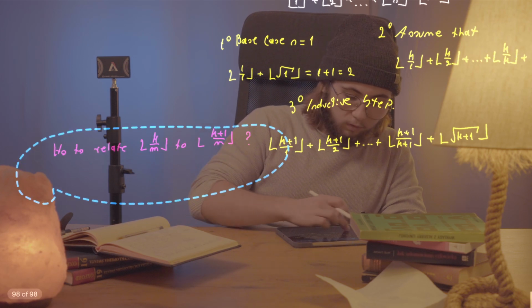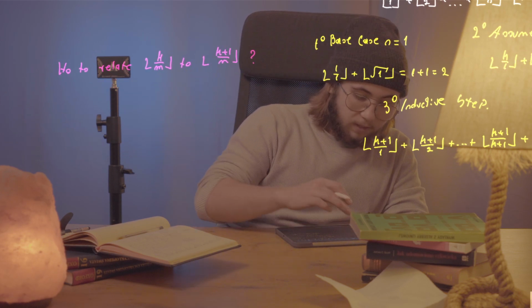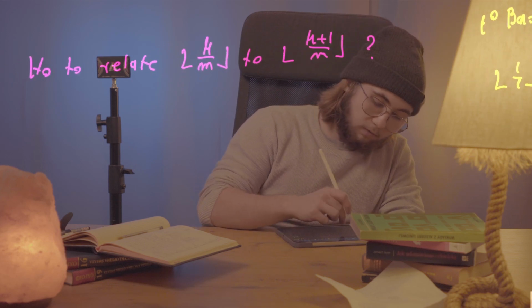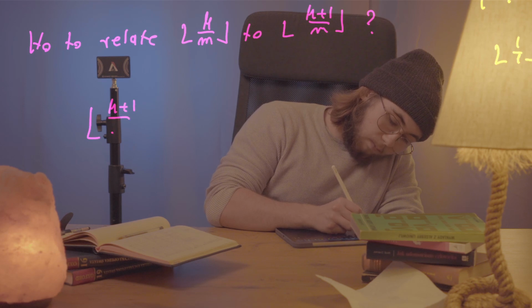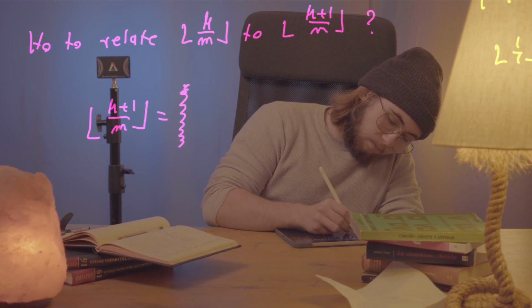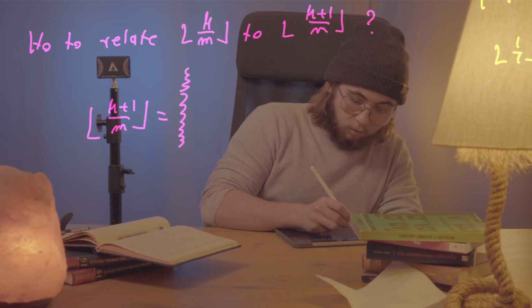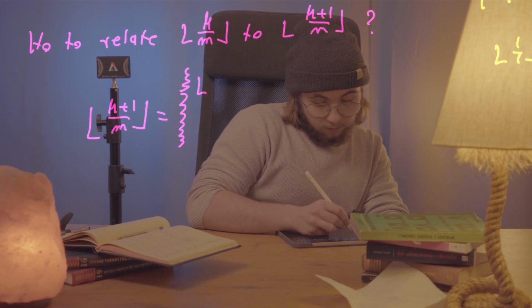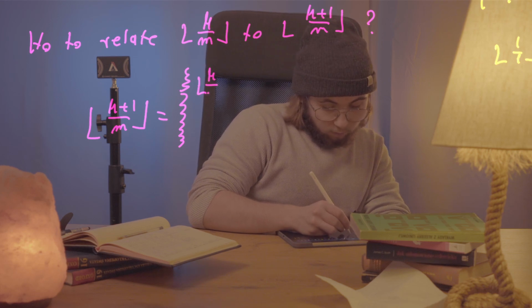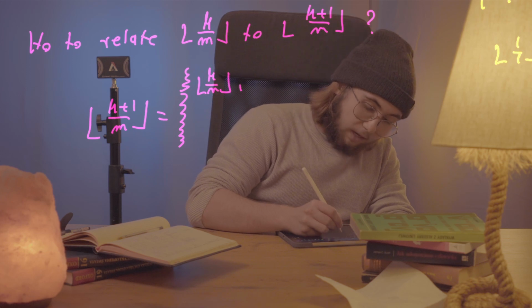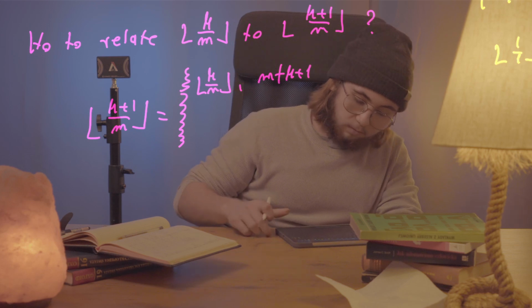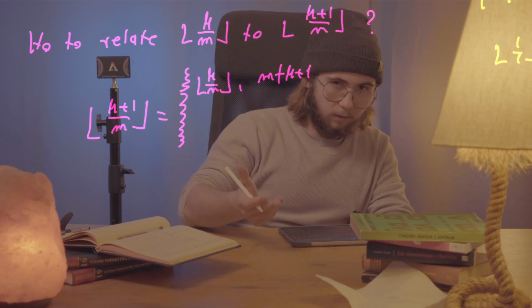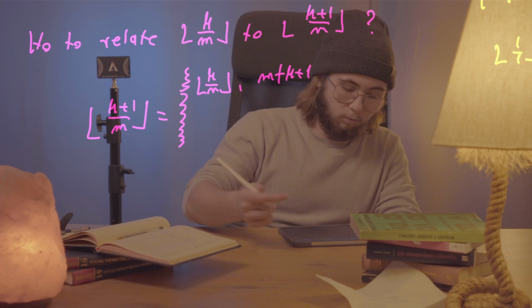So I'm gonna move this thing here to the left hand side of my board, and let's answer that with a piecewise function. So our floor of k plus 1 divided by m is gonna be equal to, with a bracket of some sort, the floor of k over m in the case where m does not divide k plus 1, because then it's just going to be rounded down to the same value it was rounded down before we increased the value of k by 1.